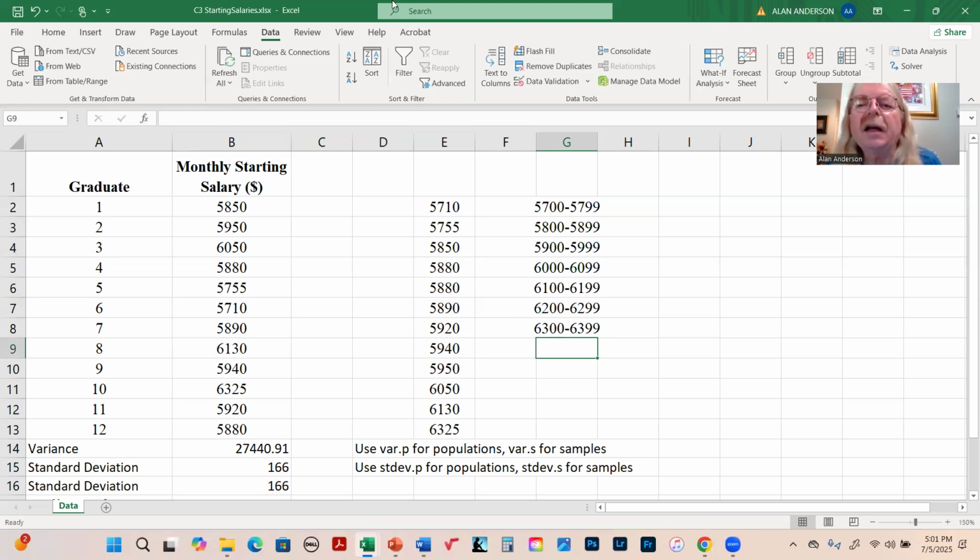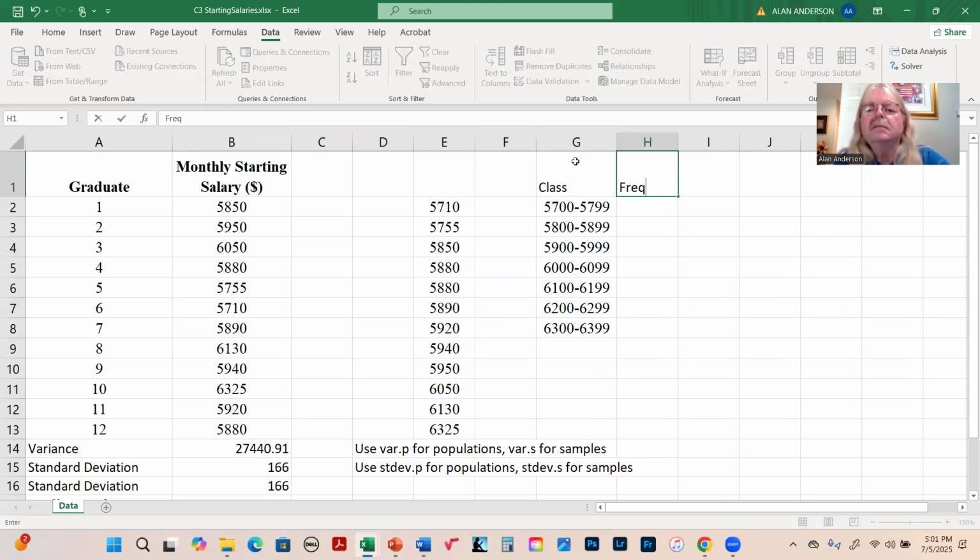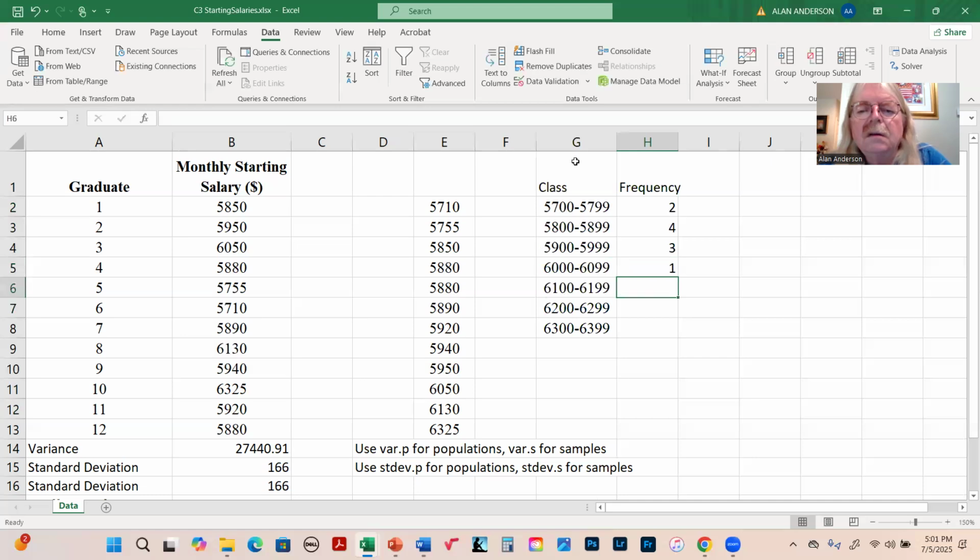All right. And then you would have to type in the frequencies, and then we could create a bar chart. So let's see, what do we have here? All right.